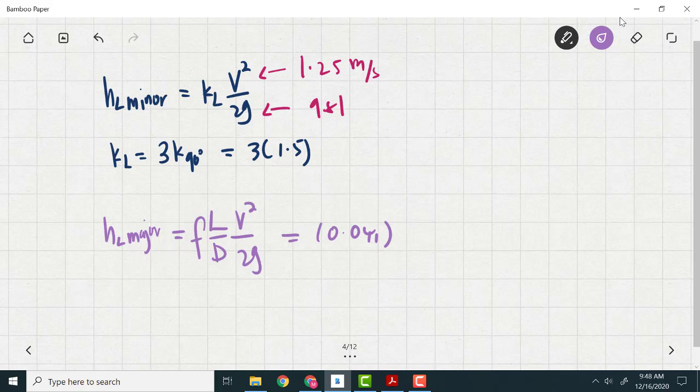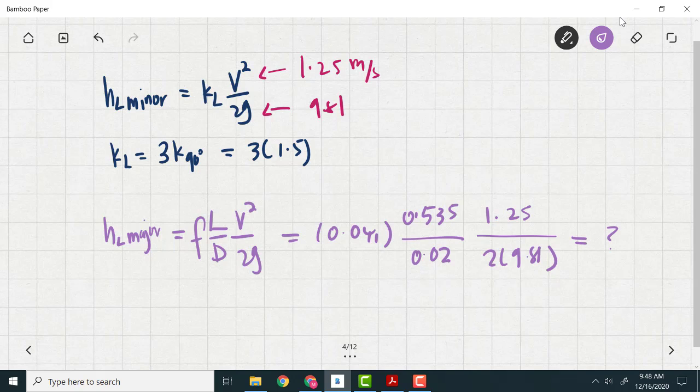So L berapa pipe tadi? 0.535. Make sure unit kena tukar. Okay, and then D diameter dia adalah 0.02. So velocity pun kita cari 1.25 and we have G 9.81 and then awak boleh selesaikan masalah ni.